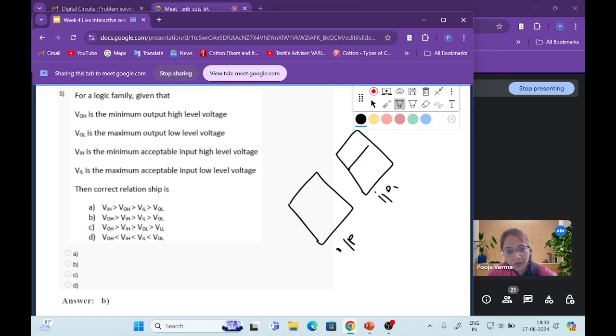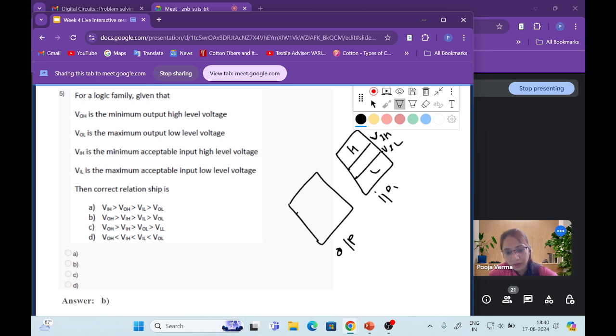If the input voltage for high level is allowed, we can see VIH means high level of input voltage. Similarly, VIL is the input voltage of low level, which is the maximum acceptable range, and this is the output range.